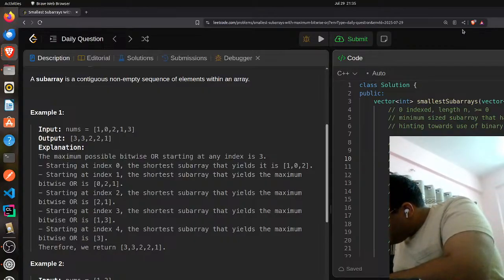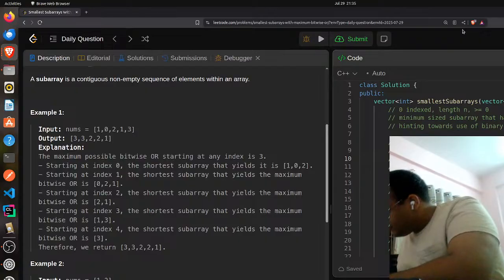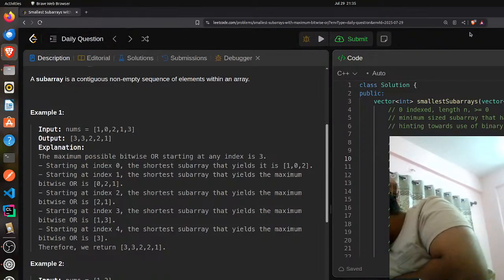One zero two one three. Now, what information do I need?